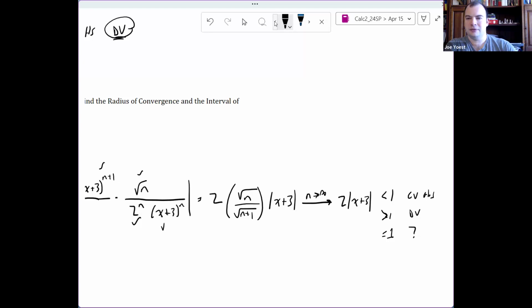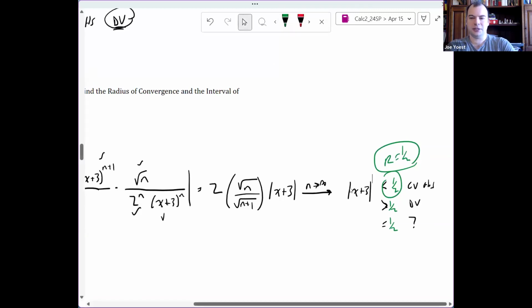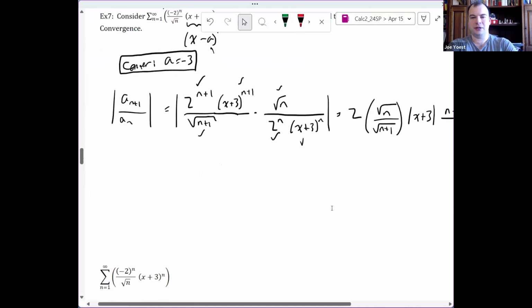Or I could divide through by 2. My radius of convergence is 1/2. So I converge on the interval absolute x plus 3 less than 1/2, or the interval centered at -3 going half a unit either way.